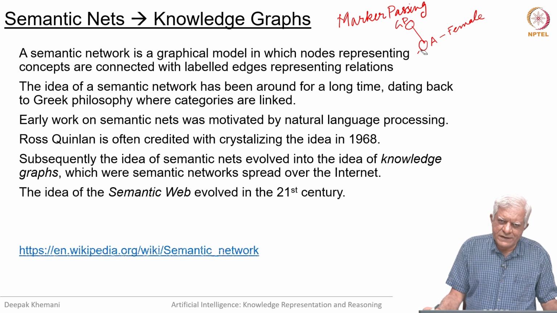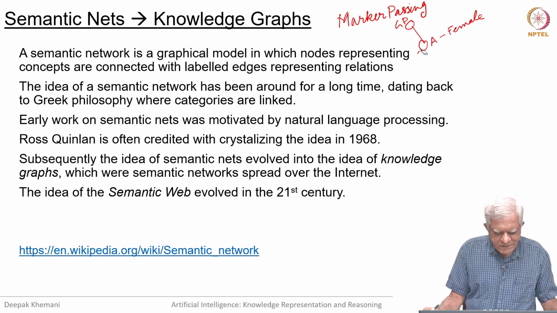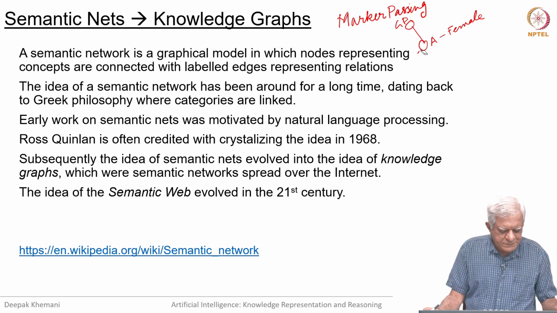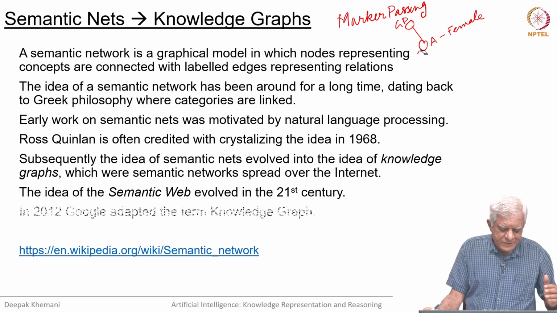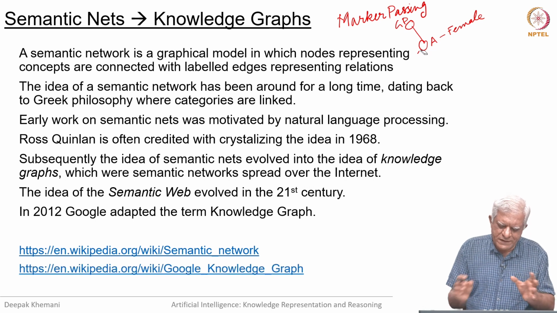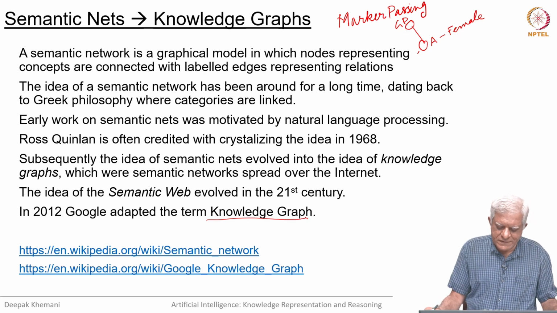The idea of the semantic web evolved a little bit towards the end of the last century. And in 2012, Google adopted formally the name knowledge graph for its representation of its data essentially.